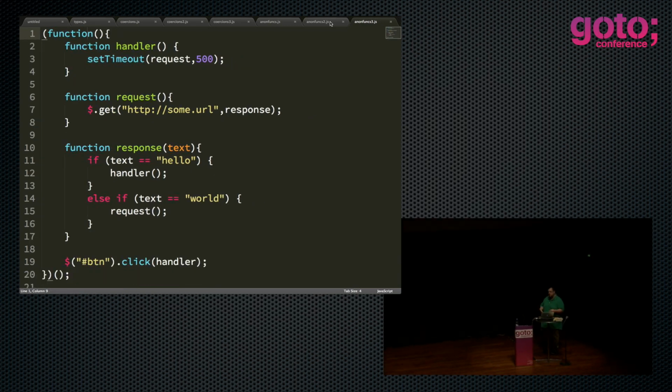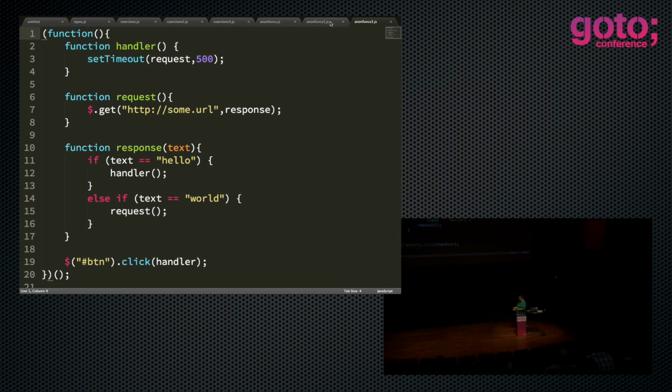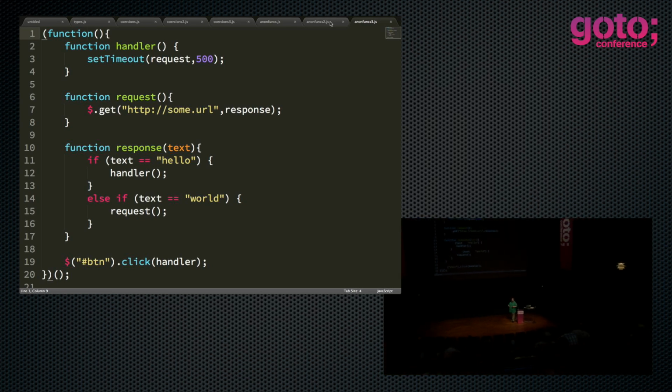Instead of nesting things together the way people have always told you, I didn't change any of the functionality of my code, but I used function declarations with those same names, and now things are a lot more reasonable. I can look just at the handler function and understand that after a timeout, it calls the request. Then I can look just at the request function and understand that after an AJAX comes back, it calls just the response. And then I can look at response and see what other functions it calls, and I can reason about these things independently, which makes code much more readable and maintainable.